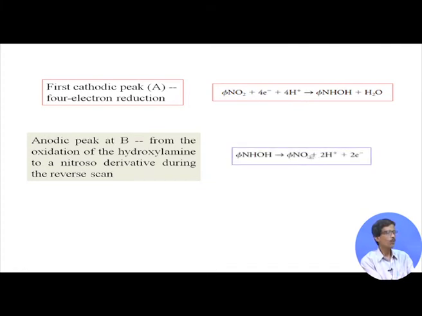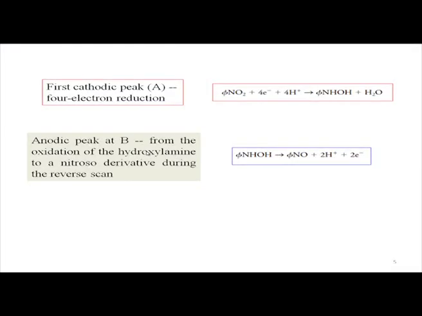So this NHOH, that means hydroxylamine, is not going back to NO2, and that is why you are not getting the corresponding reverse peak of A. We are getting B somewhere else, well away from your peak A. So it is for your NO formation, that means the nitrosobenzene type of thing, phi NO, is forming.